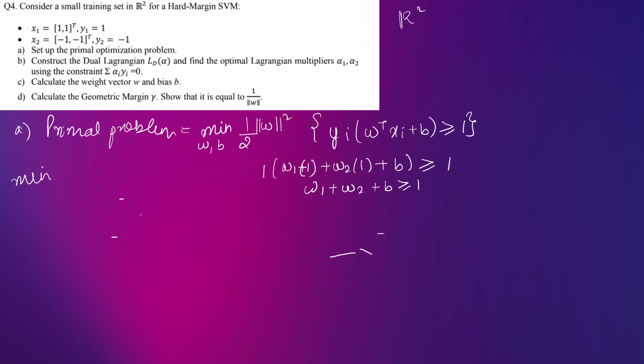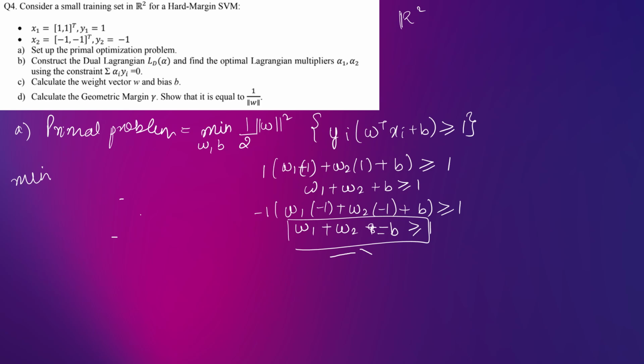Now when you put x2 and y2, you'll get minus 1 into w1 into minus 1 plus w2 into minus 1 plus b. w1 plus w2 minus b will be greater than equal to 1. This will be the second one. Minus b is equal to 1. These are the two equations that we get.